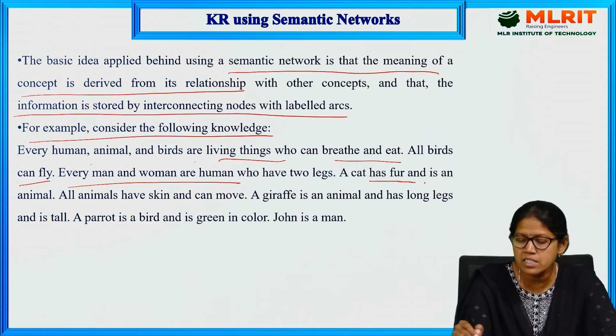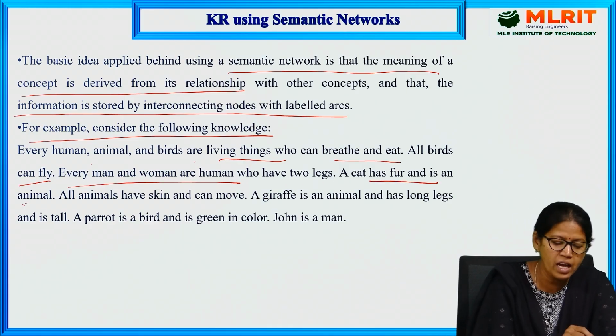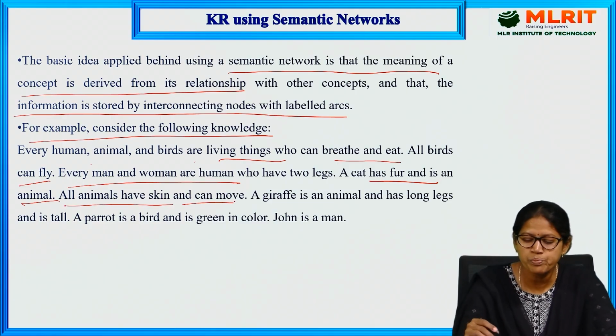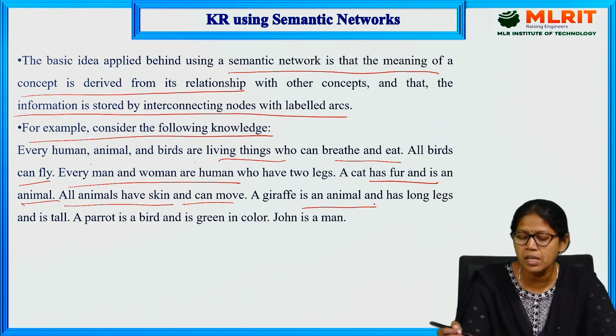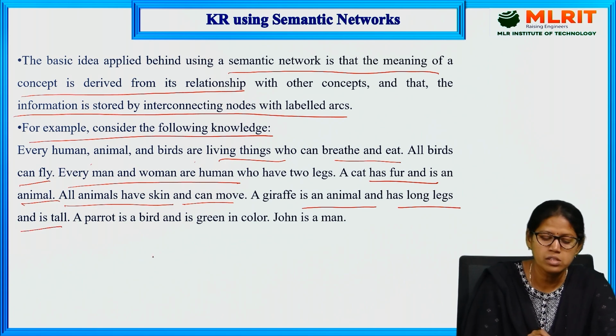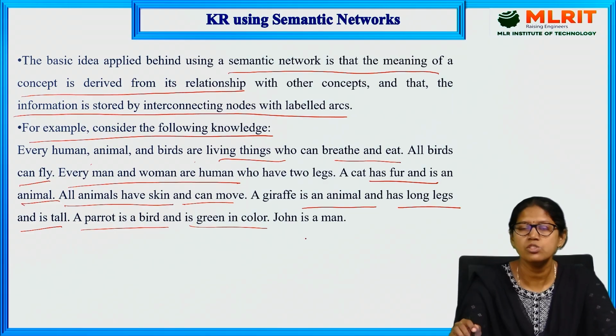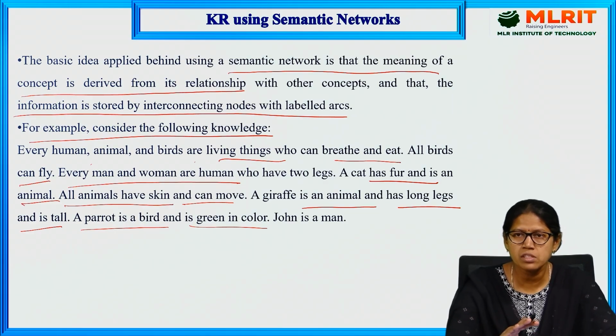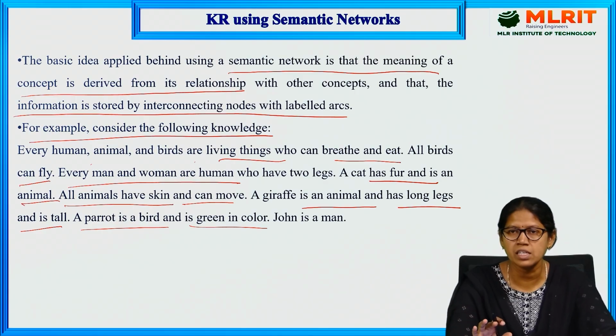A cat has fur and is an animal. All animals have skin and can move. A giraffe is an animal and has long legs and is tall. A parrot is a bird and is green in color. John is a man. This is the knowledge. We need to represent this knowledge as a semantic net.